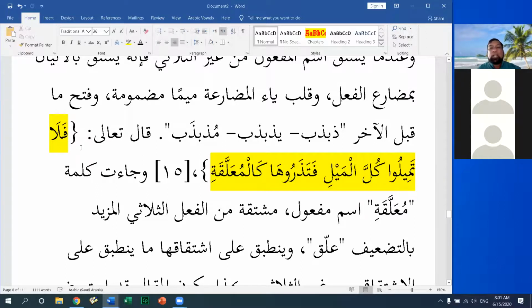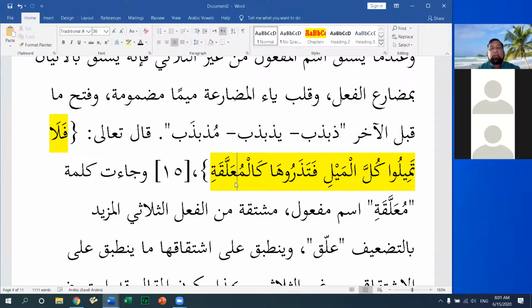فَلَا تَمِيلُوا كُلَّ الْمَيْلِ فَتَذَرُوهَا كَالْمُعَلَّقَةِ. This is talking about when a man has more than one wife, in the state of polygyny, and with one of his wives or more than one of them, he ignores her or ignores them, such that they are mu'allaqa. So this is ismul maf'ul. Allaqa yu'alliqu. Allaqa means to hang something. Allaqtu kada wa kada ala al-jidar.